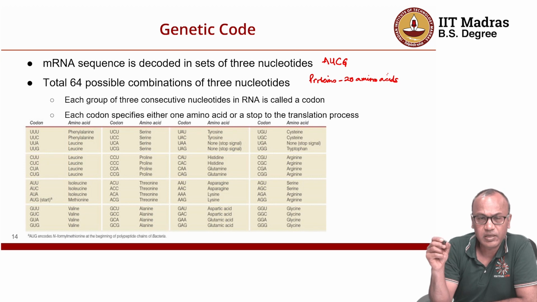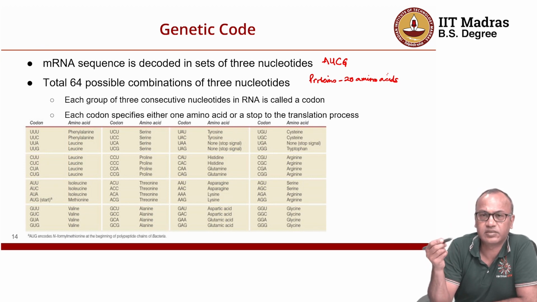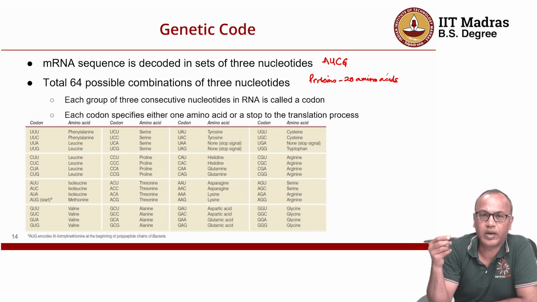So essentially, the language of DNA or RNA is translated into the language of proteins. And this translation process requires a translating table, or like a Rosetta Stone, a genetic code.